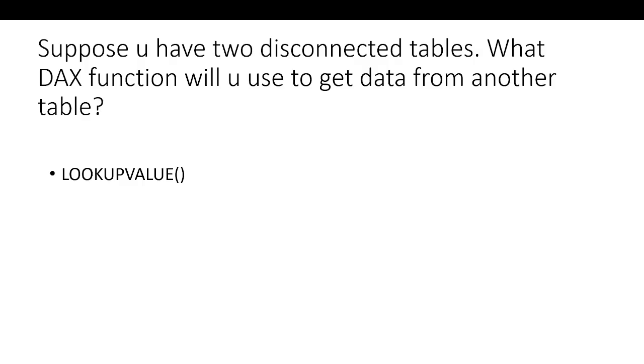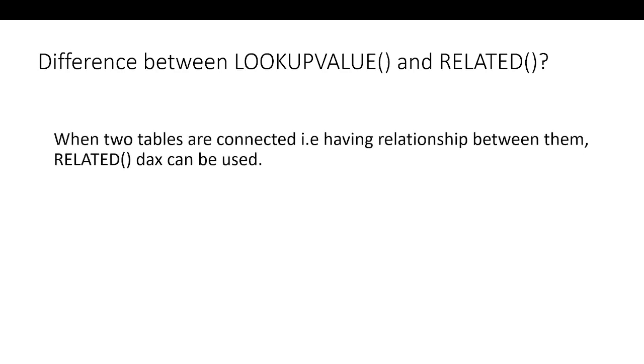Now another follow-up question comes with this question most of the time: the difference between LOOKUPVALUE and the RELATED function, because we know that the RELATED function is also used to get data from two tables.